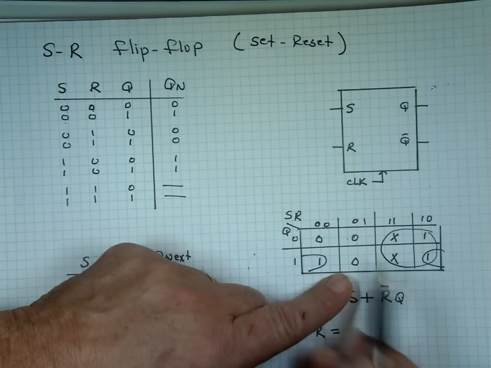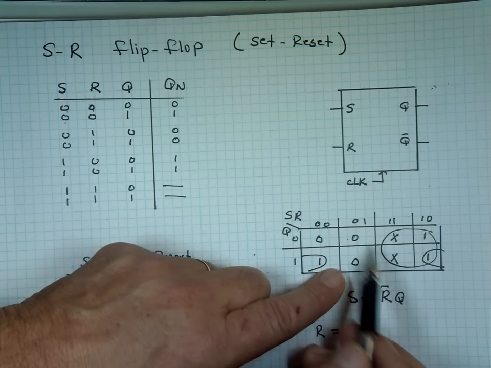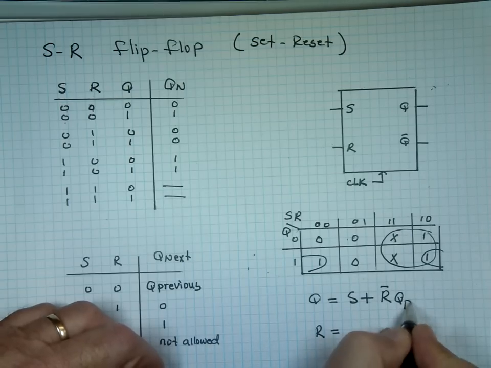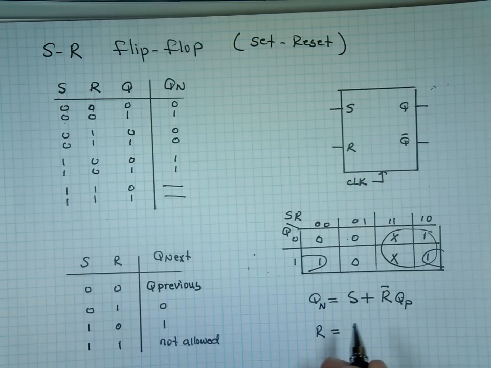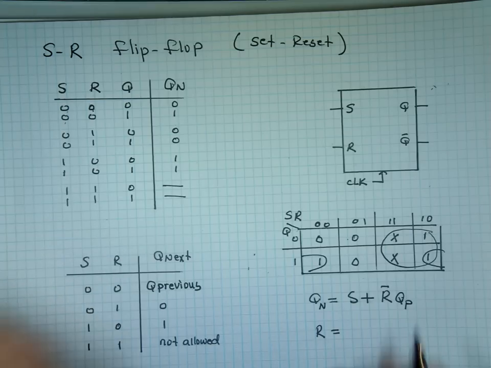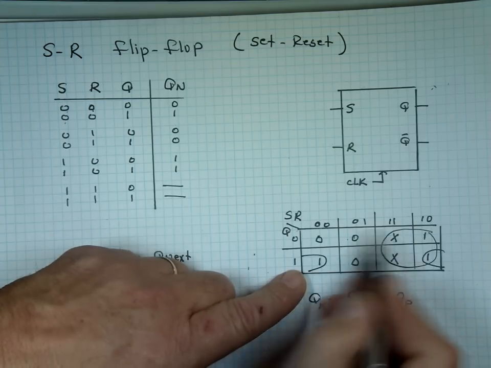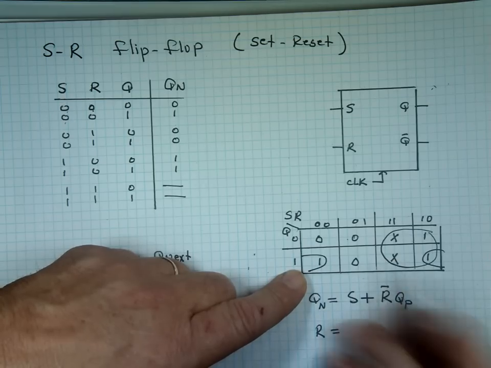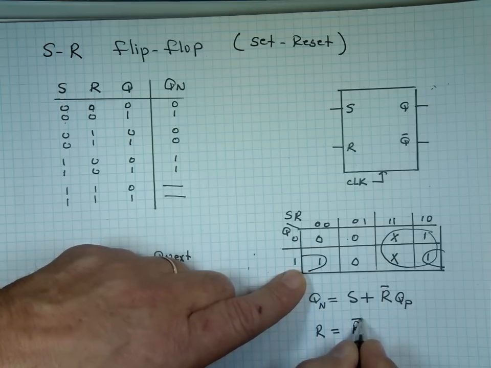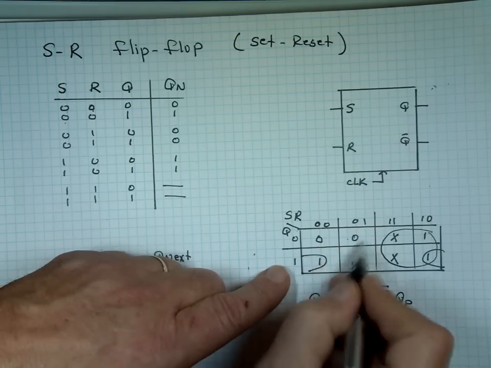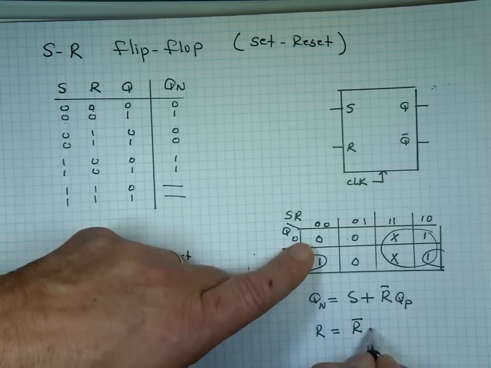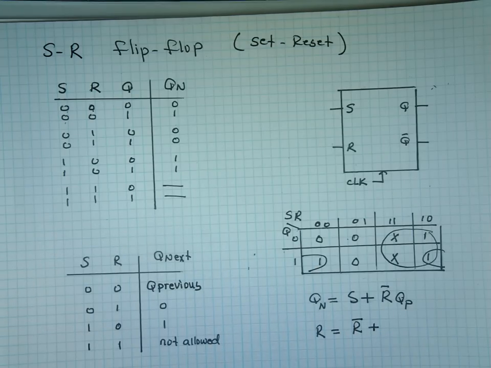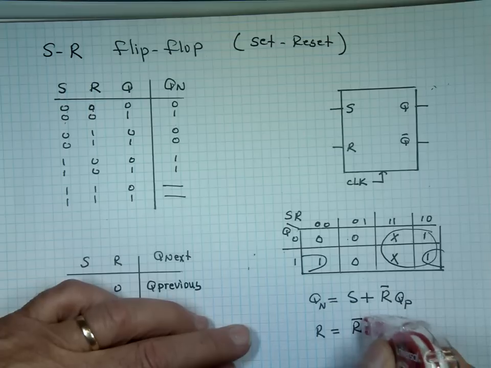R plus. I should say P, that's the previous, this is the next, right? I should label as next state, previous state. So if I group these guys, will be what? Yep, R bar. And if I take these two here, what do we have?